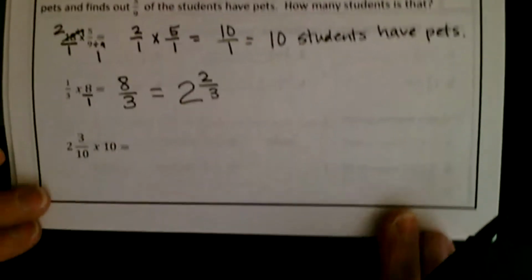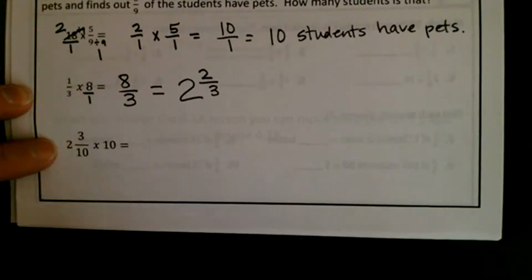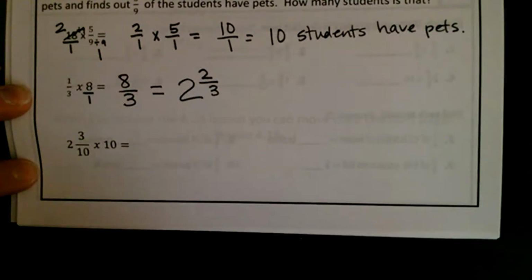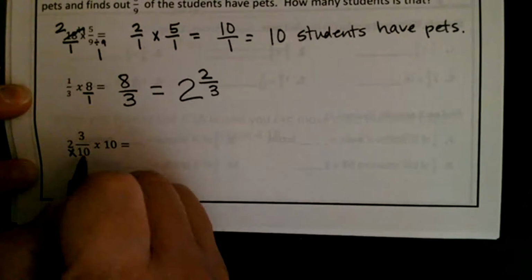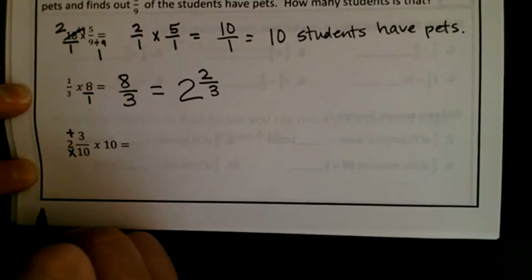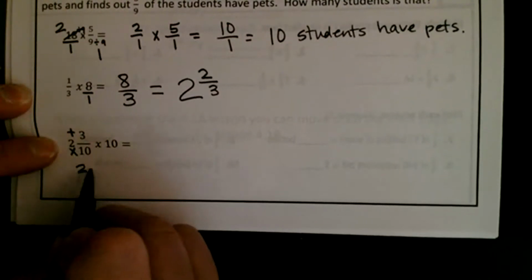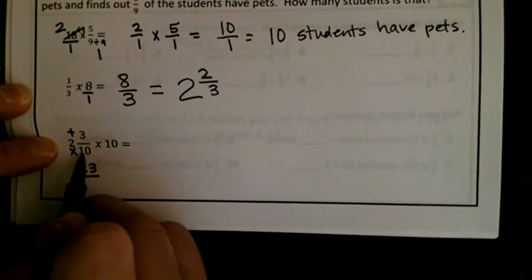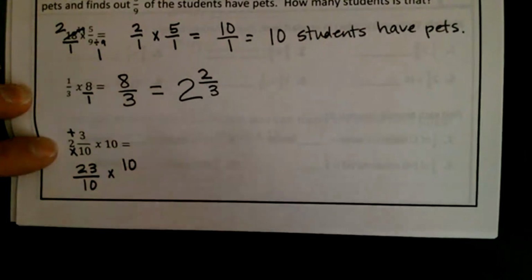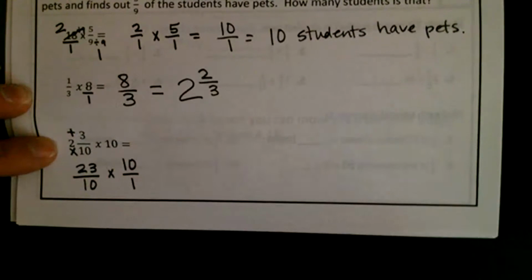Now, last one, I have a mixed number, 2 3/10 times 10. So I'm going to change the mixed number to a fraction by multiplying the denominator times the whole number and adding the numerator. So 10 times 2 is 20, plus 3 is 23. And then I'm going to keep the denominator. Remember, if I'm going to multiply times a whole number, I put the whole number over 1.